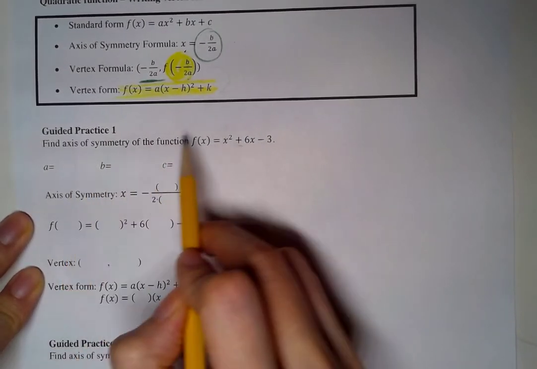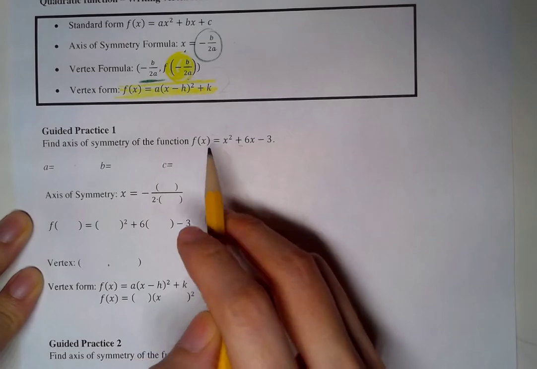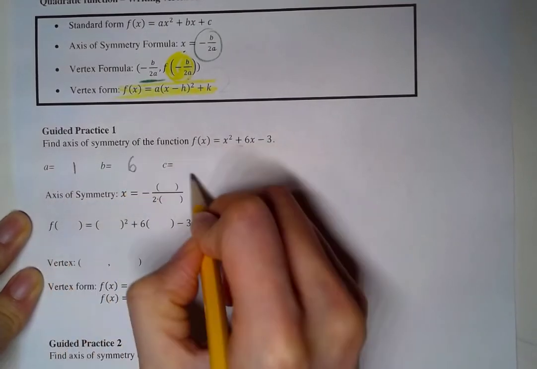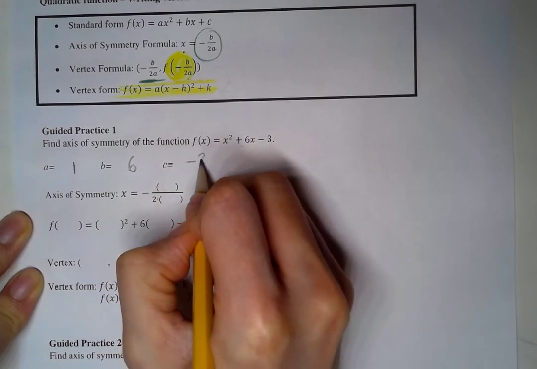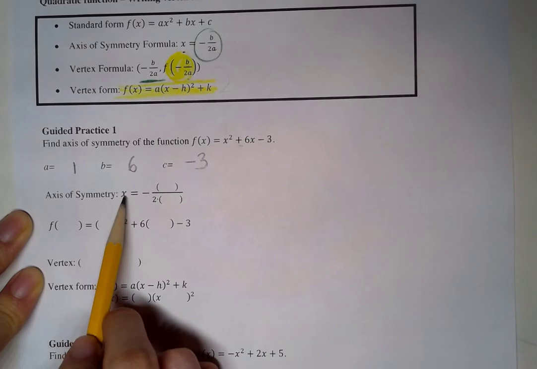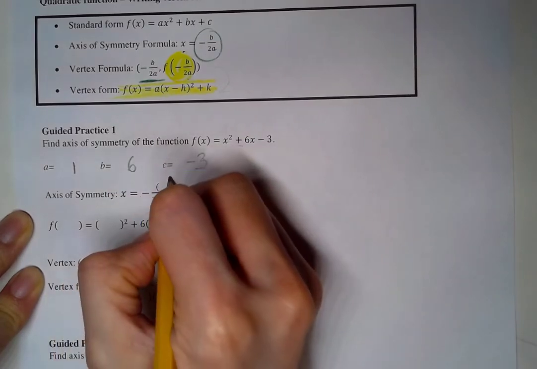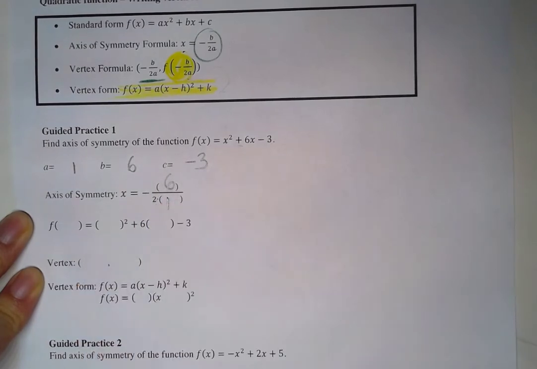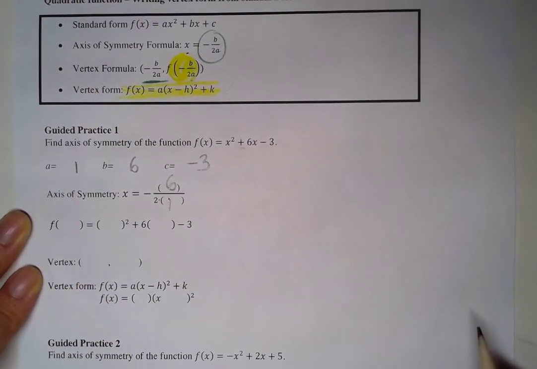So what is your a? 1. And what is your b? 6. What is your c? That's negative 3, right? And then the axis of symmetry is negative b over 2a, right? So I got negative 6 over 2 times 1.